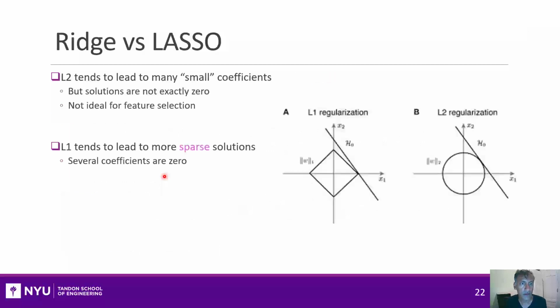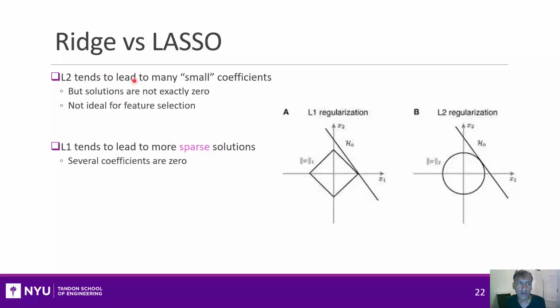Okay. I said earlier that both the L1 and L2 regression solutions tend to select values of beta that are smaller. But there's an important difference, which is related back to sparsity.